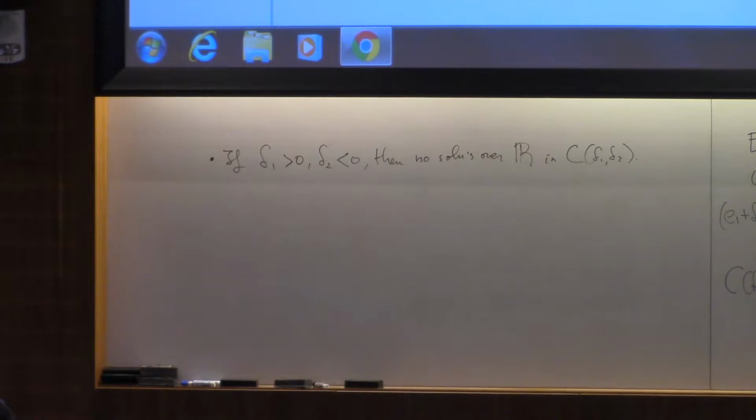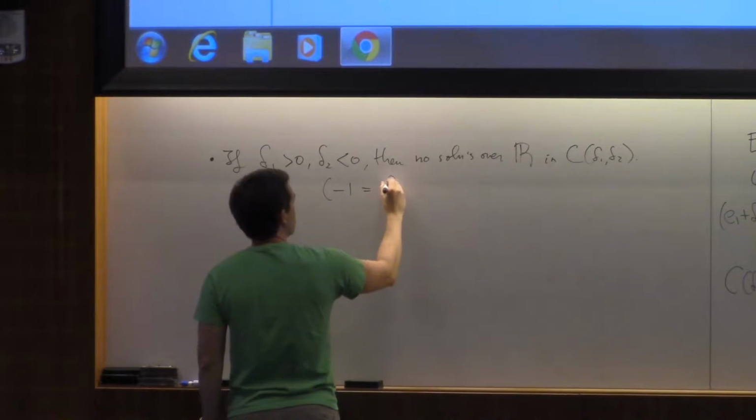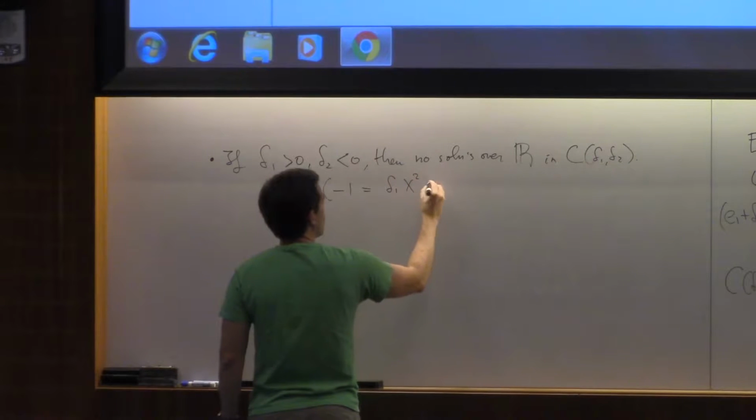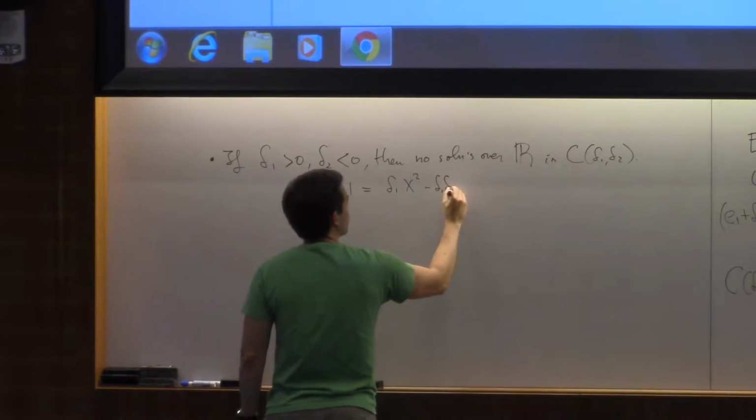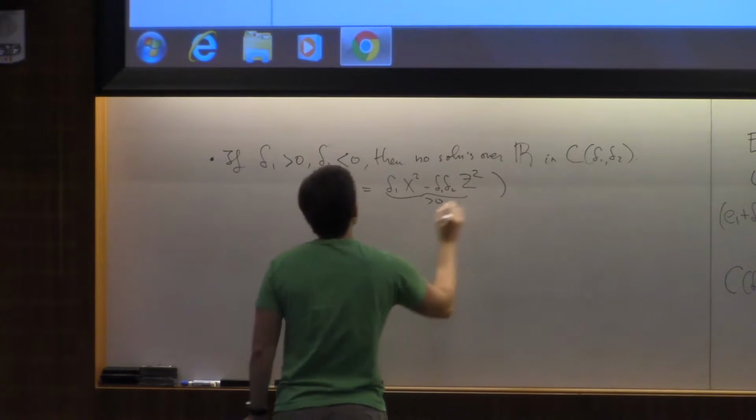Now reverse the roles of delta 1 and delta 2. If delta 2 is positive and delta 1 is negative, now this doesn't have solutions over the real numbers, okay? So this had a problem with the first equation, that minus 1 would be delta 1 x squared minus delta 1 delta 2 z squared. This would be positive.